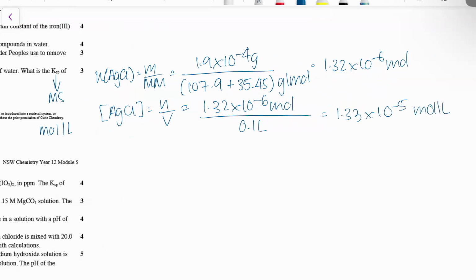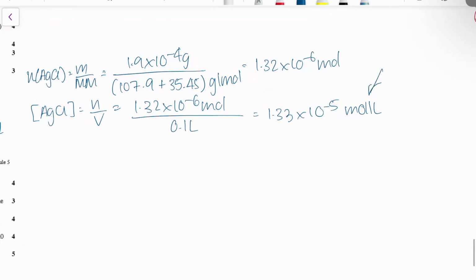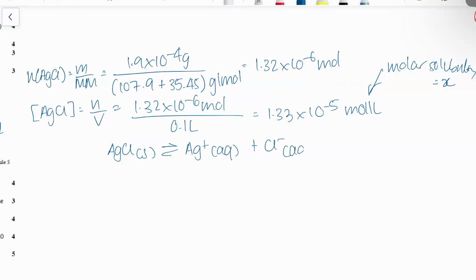The amount that dissolves in moles per liter, that's by definition what molar solubility is. And we're used to giving that the letter X, so let's call that X. Then I'm going to set up my ICE table to figure out what KSP is equal to in terms of X. Your corresponding chemical equation for KSP has a solid on the left and the ions on the right. So AgCl solid turns into Ag plus aqueous plus Cl minus aqueous.